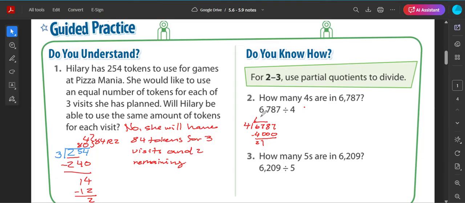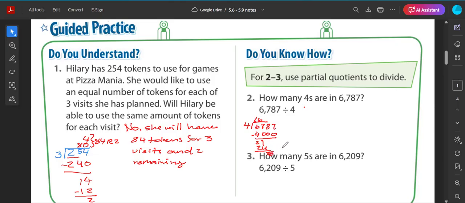Well, I know 4 times 6 is 24. 4 times 7, that's going to be 28. So I'm going to use 6 for right now. 600. And so now I'll put my 24. And when I subtract it, I get 3.